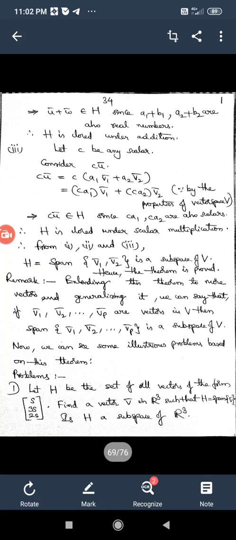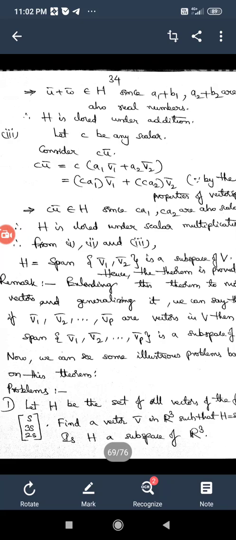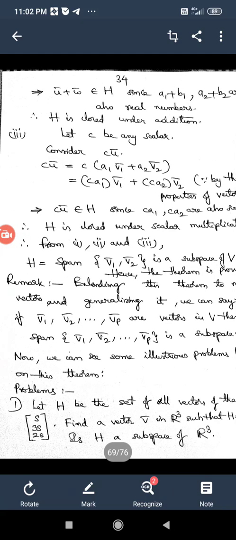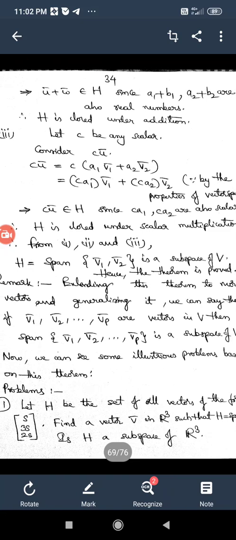The first problem goes like this. Let capital H be the set of all vectors of the form S, 3S, 2S. It is a column vector consisting of three entries S, 3S, 2S.